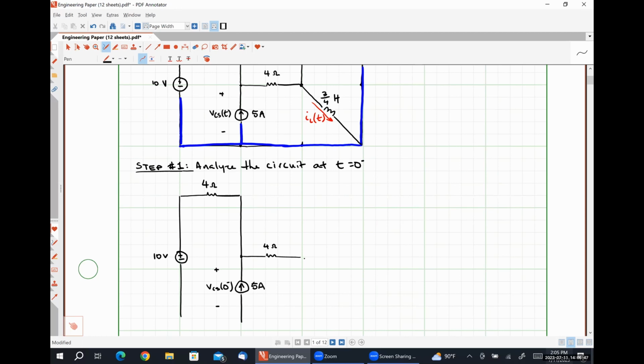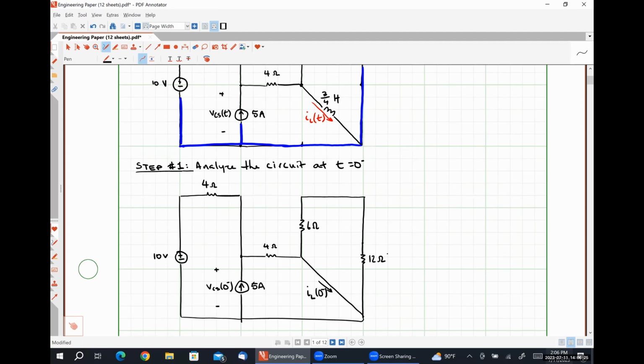I'm going to draw my short circuit for my inductor, which is just going to be this diagonal path here. This is iL at 0 minus. Here's my 6 ohm resistor. And here is my 12 ohm resistor like so.